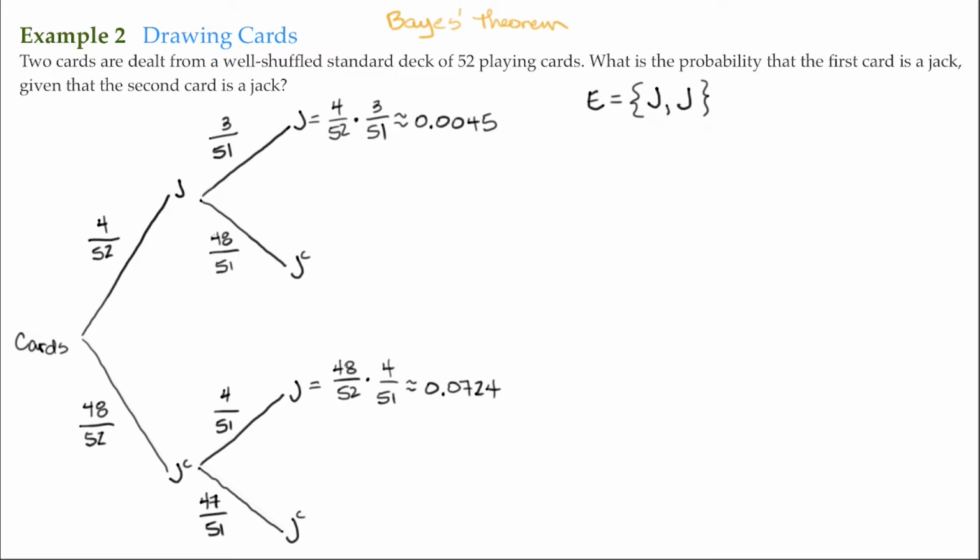So then the probability of our second card being a jack can be this one, or it could be this one. And since I have an or, for or probabilities, we add them together, right? So I'm going to have 0.0045, or it could be 0.0724.